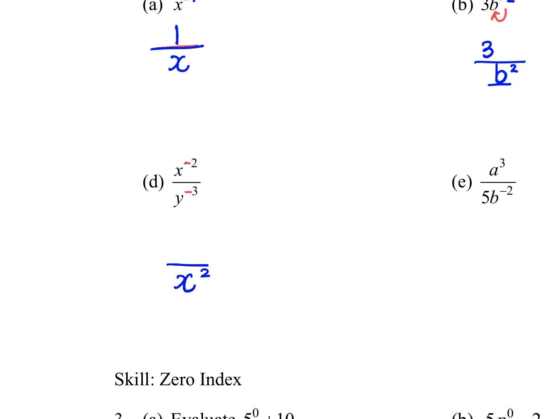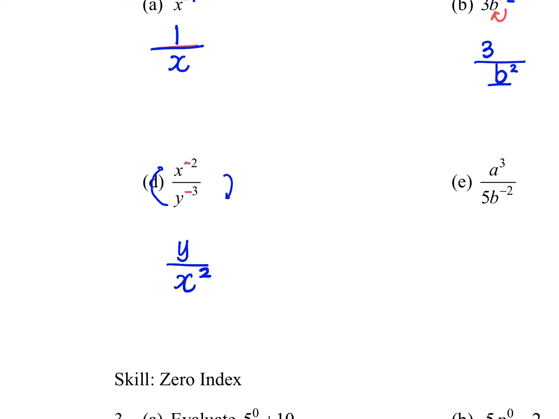And take note, this power over here is +2. Right? So x shifted to the denominator. And what about y? This is y to power negative 3. So this y here will need to switch up to the numerator.